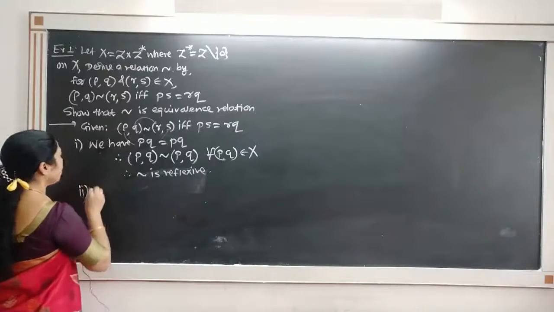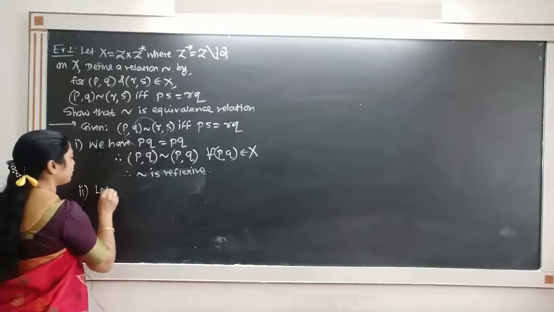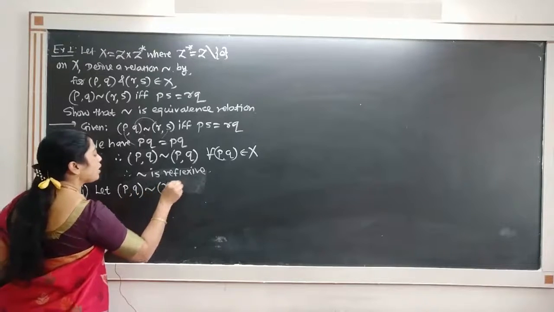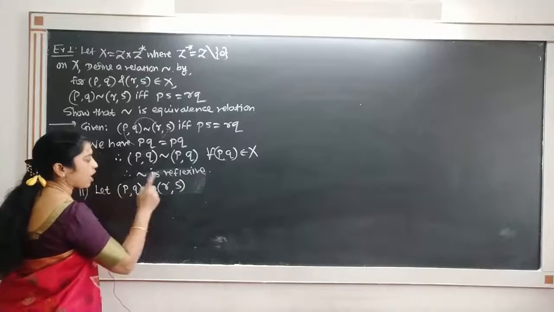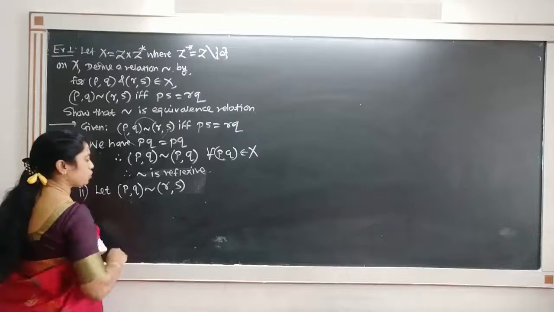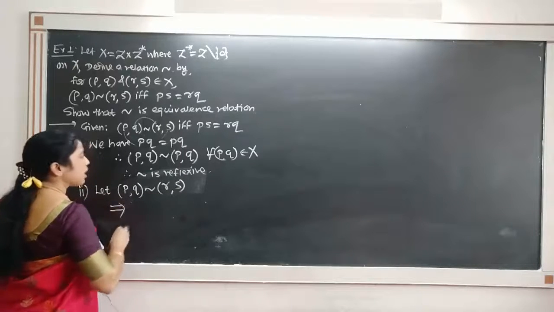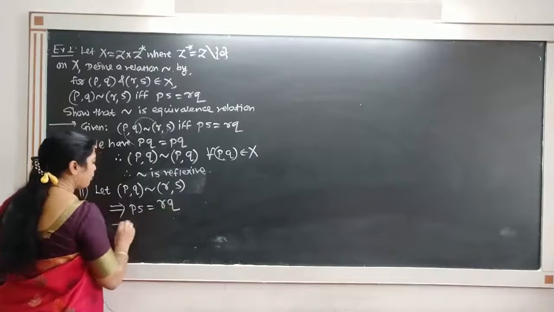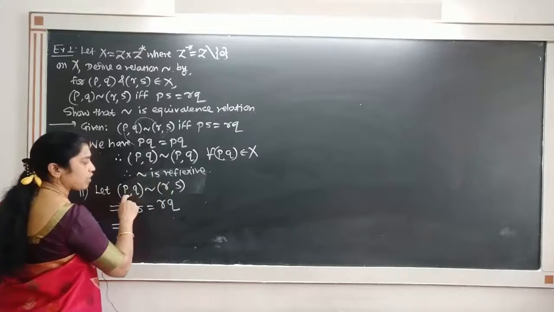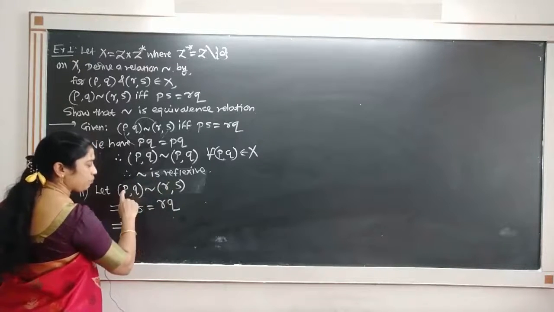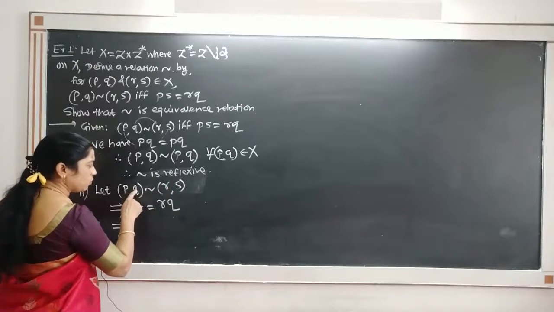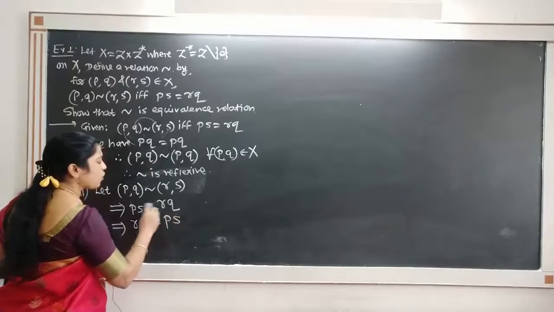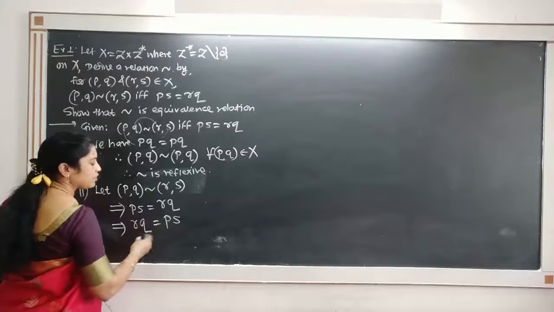Second, we want to check whether it is symmetric. Suppose that (p,q) is related to (r,s). We want to check whether (r,s) is also related to (p,q). Now (p,q) related to (r,s) implies by definition that ps is equal to rq. This implies that rq is the same as ps; we are only interchanging the LHS and RHS, so they remain the same.